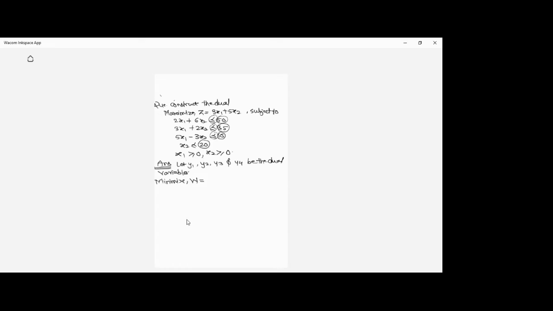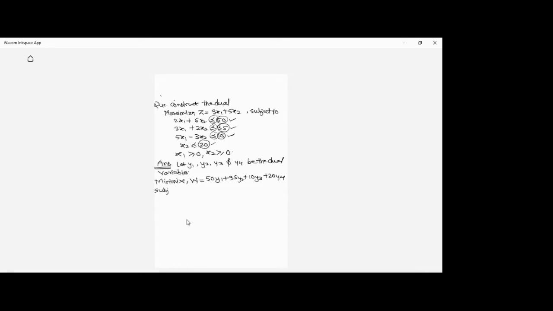So what I'll be writing here is 50 y1 plus 35 y2 plus 10 y3 plus 20 y4, right? So this 50, 35, 10 and 20 has been taken into consideration. Right, now this is the objective function.